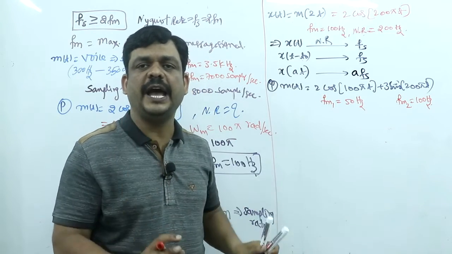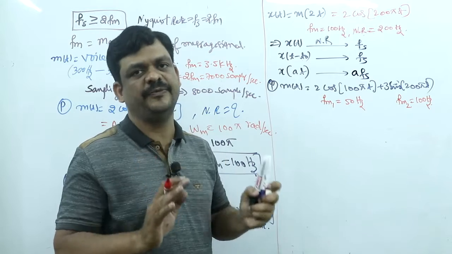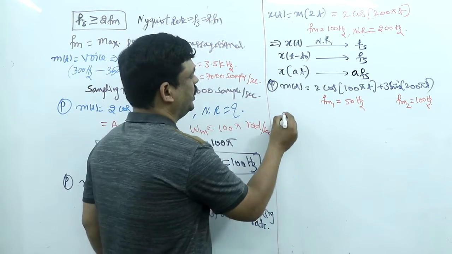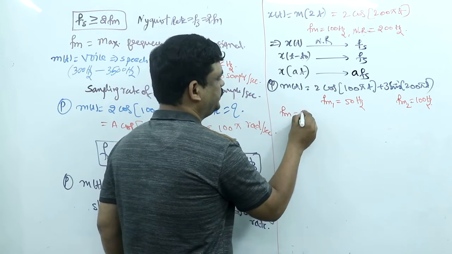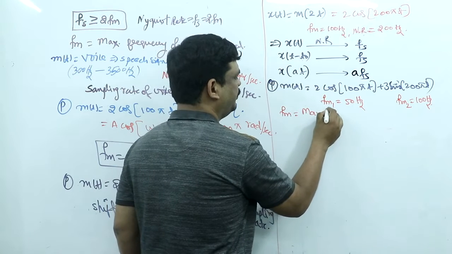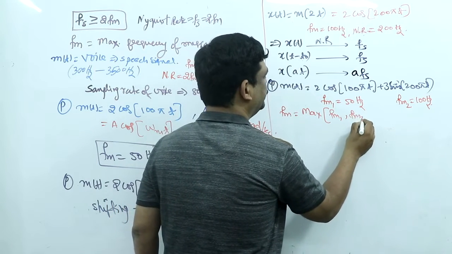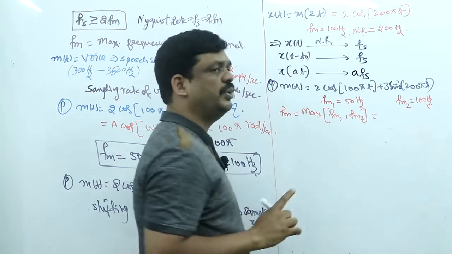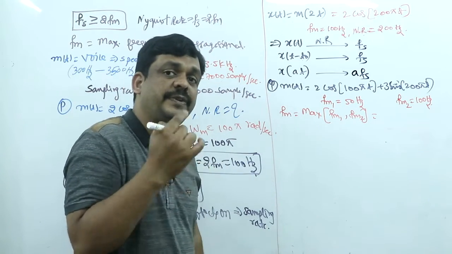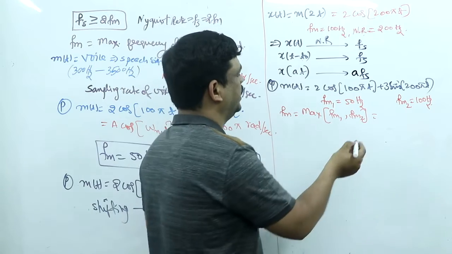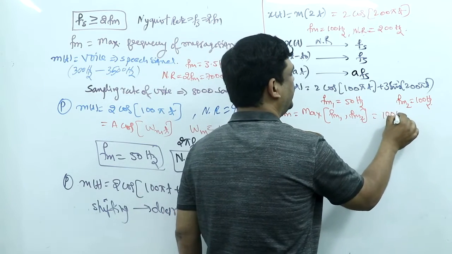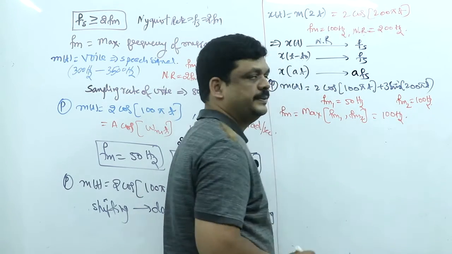From this we always have to take the maximum frequency. So FM is equal to the maximum of FM1 comma FM2. From these two, whichever frequency is larger should be the maximum frequency. Then we have to take here 100 hertz.